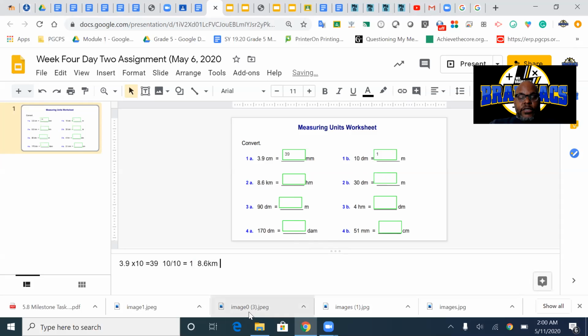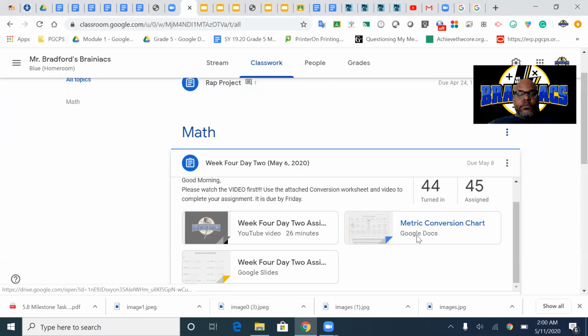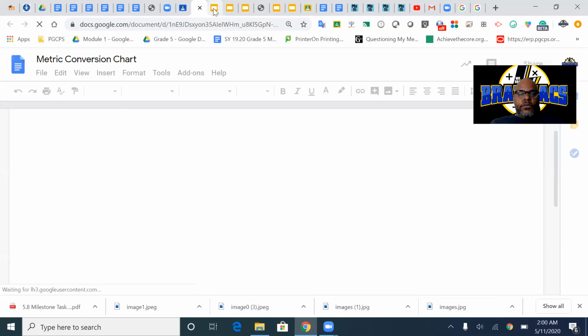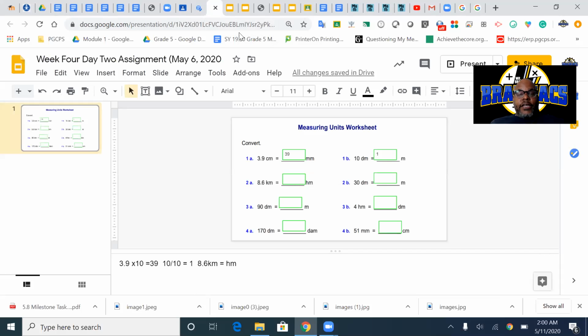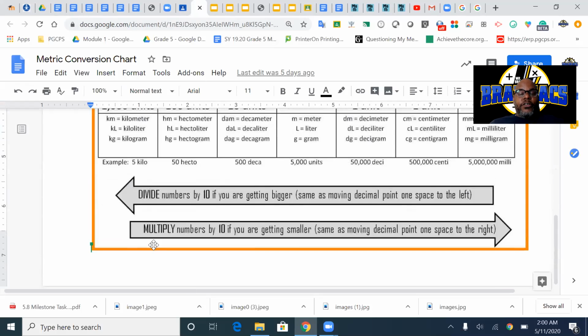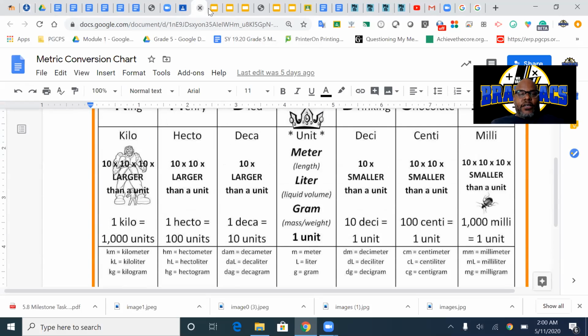8.6 kilometers equals how many hectometers? All right, so let's go to our chart. We're going from kilometer to hectometer, which means we're going this direction, which means we're going to multiply by 10.